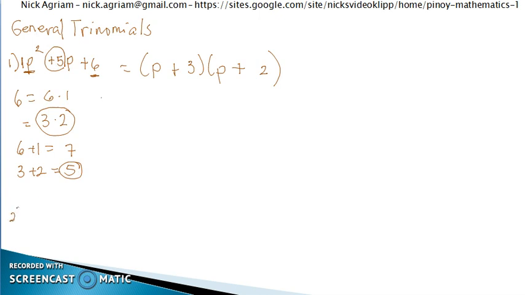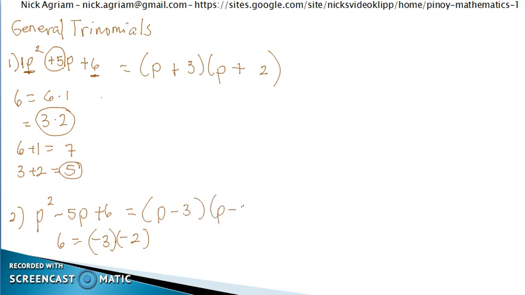If I can use just a second example, that means both of them are positive, because 6 can have factors negative 3 and negative 2, and if we add them, that is negative 5. So the factors of this are p minus 3 and p minus 2.